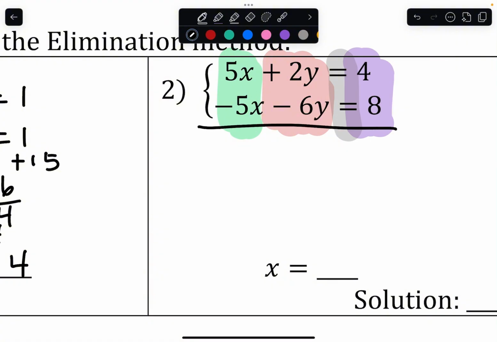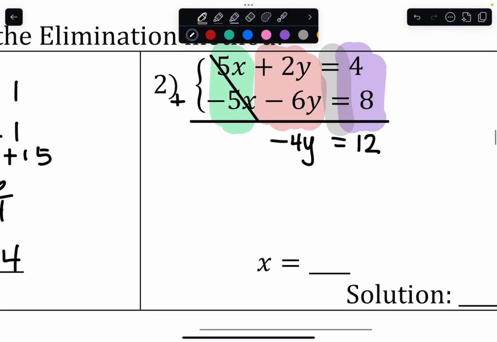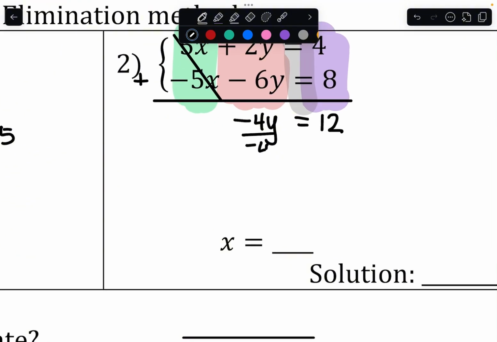And so when I add them together, 5x and negative 5x cancel each other out, gets eliminated. For my y term, I'm left with negative 4y, and then my constant equals 12. Divide both sides by negative 4, and we get y equals negative 3.